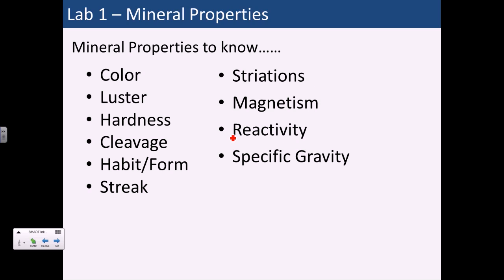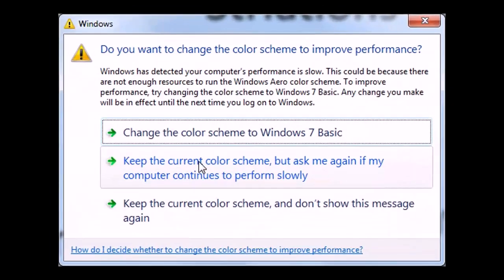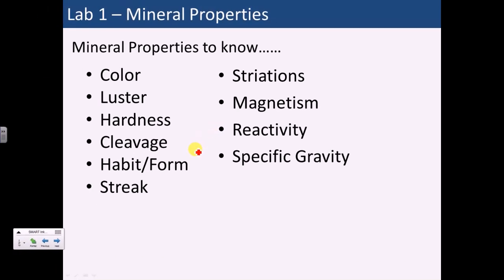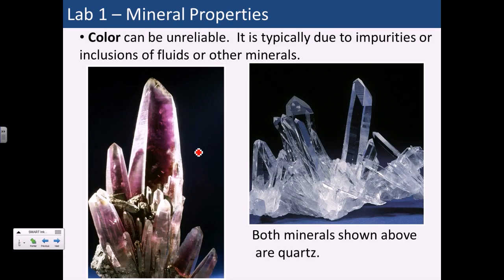Color, luster, hardness, cleavage, habit form, streak, striations, magnetism, reactivity, and specific gravity. These are the common properties, and the ones that you'll want to know, and they'll be very useful for getting us to a mineral name.